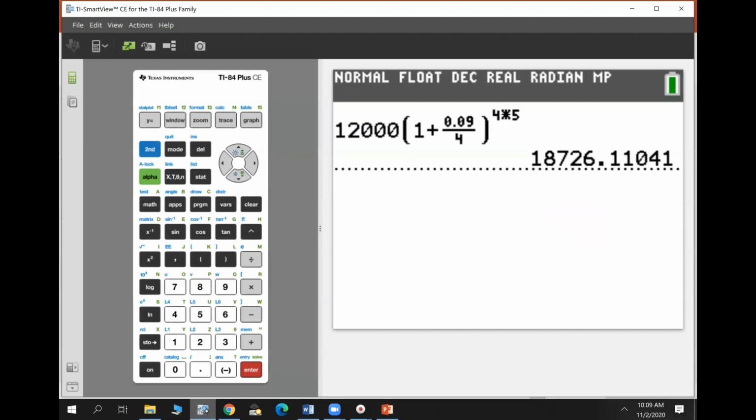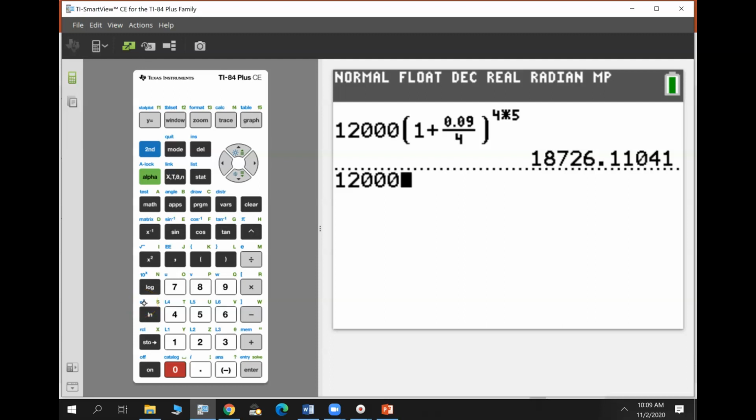All right, so here's how you're going to put that into your calculator. So I am going to put in my 12,000. Here's where e is. There are a couple of e's on your calculator. There's one right here above your division bar. That's just a plain e. There's also another one right over here, right above ln. That's e to the x.